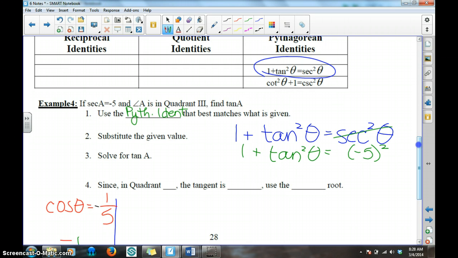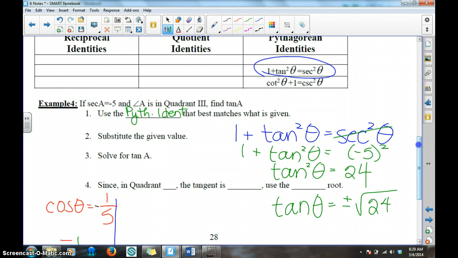What does that make the tangent squared? Subtract 1 from both sides. It's 24. And when I square root both sides, that means the tangent is the positive or negative square root of 24.